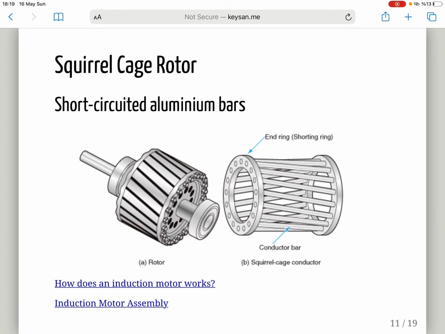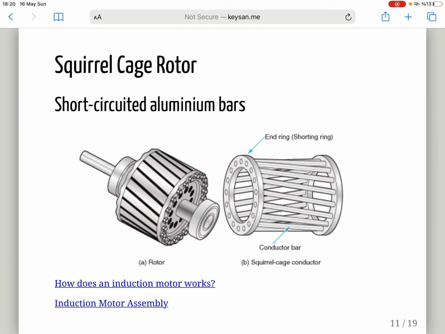So whenever you have varying magnetic field between those bars, that will induce some voltage, and that induced voltage will create some current to flow in those bars, and the shape is optimized to maximize the torque. Normally we cover that at the master's level in the design of electrical machines.